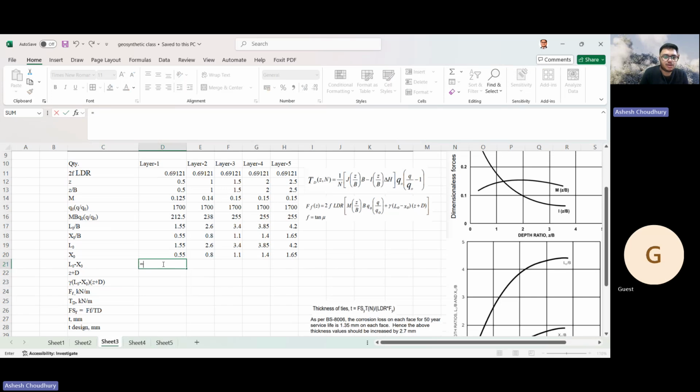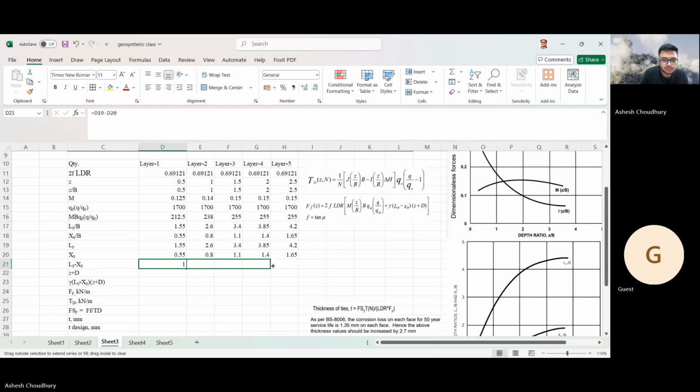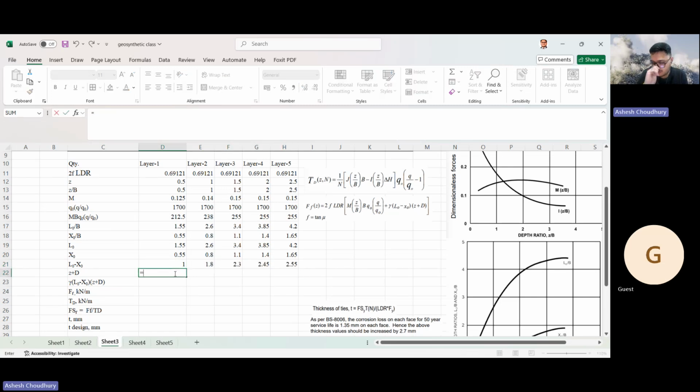I will do L naught minus X naught at these values. Now Z plus D: the depth of footing is given as 1 meter, so Z plus D, with D as 1, because it is given in the question.